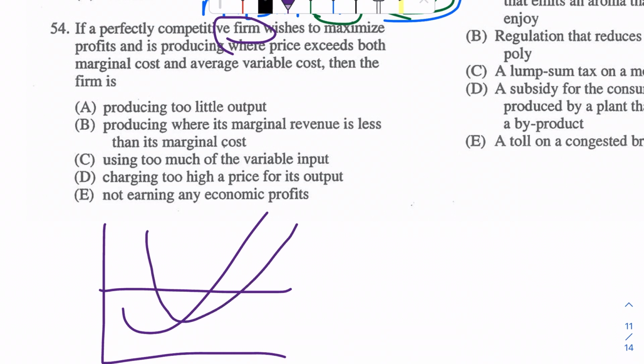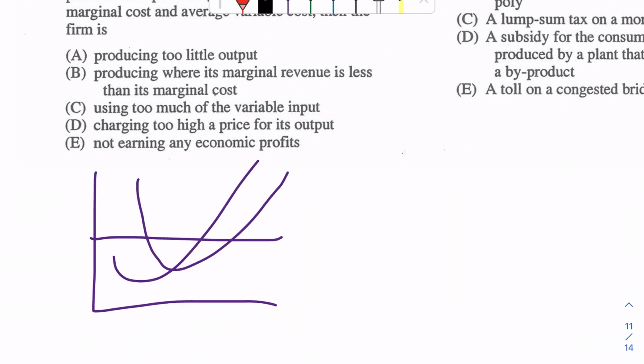So it honestly doesn't matter how you draw it, but let's just say it looks like this. Okay. All right. So price exceeds both marginal cost and average variable cost. So what they're trying to say is we are producing where our price is more than our AVC and our MC.